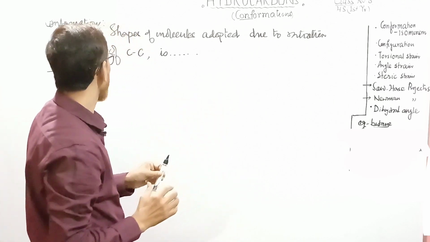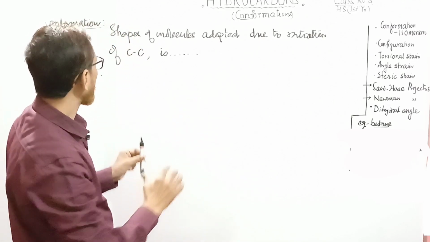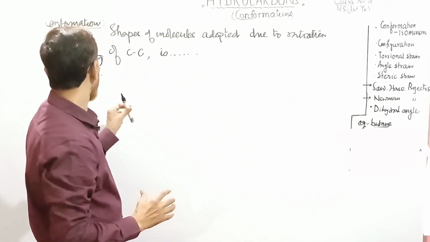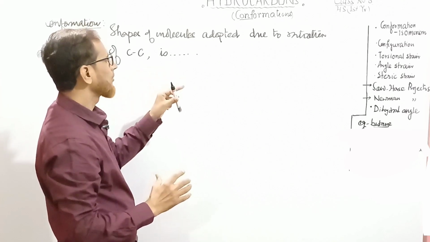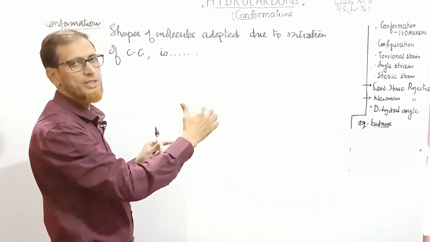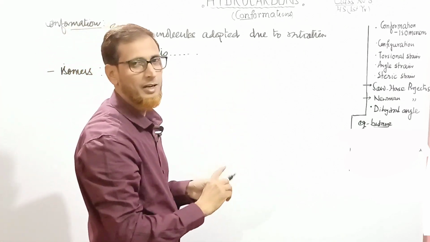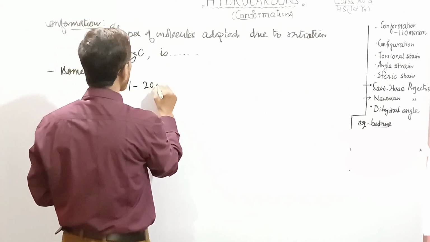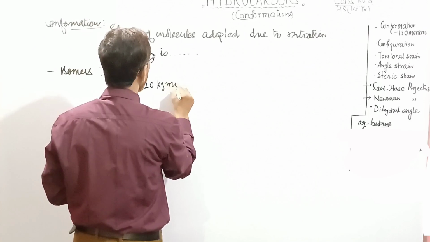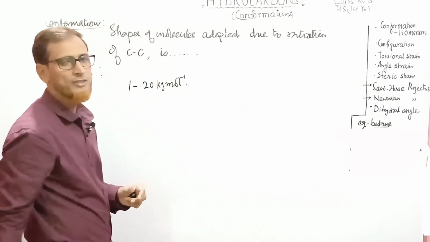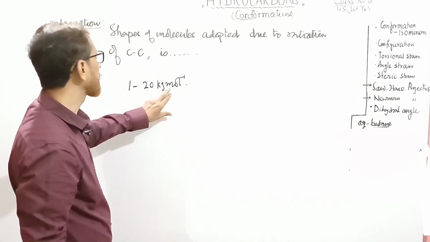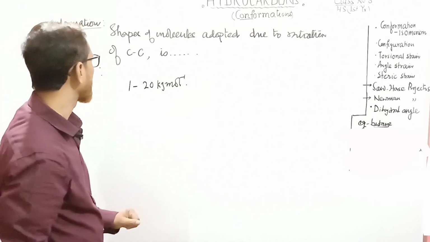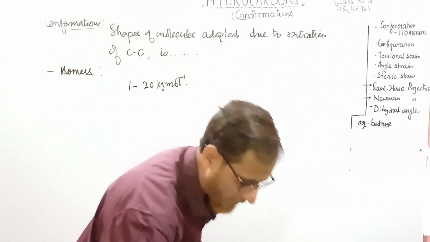That's why it seems that the number of arrangements of the molecule in space is infinite, but in practice, due to a bond angle difference of 1 to 20 kilojoule per mole, it is restricted, not infinite.